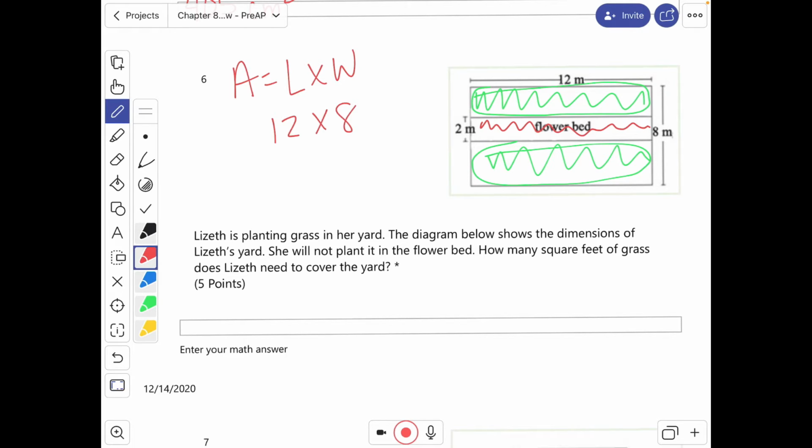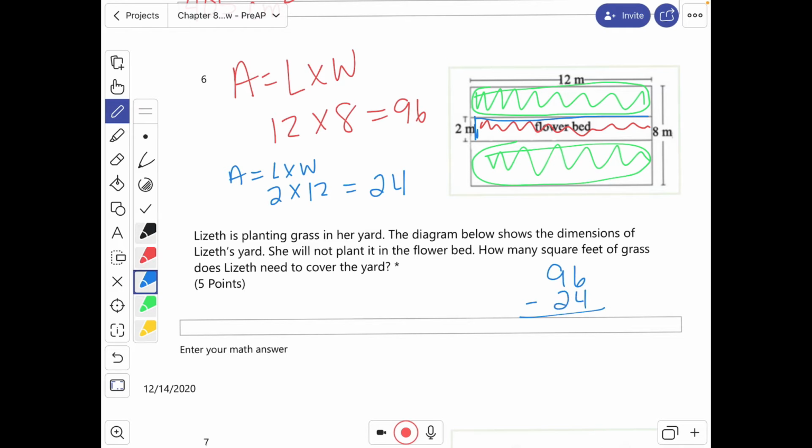So 12 times 8 would be 96. And then the flower bed is 2 times 12. 2, and this way is 12. And 2 times 12 makes 24. Then I need to subtract those. And I get 72. And it's 72 meters squared.